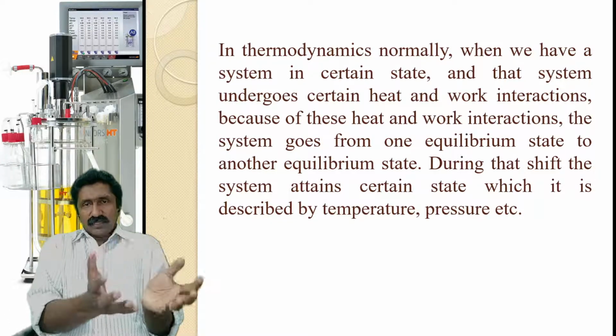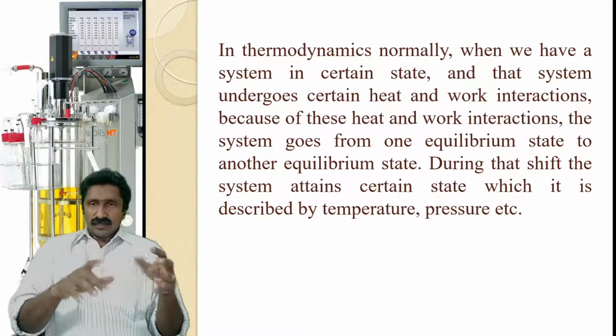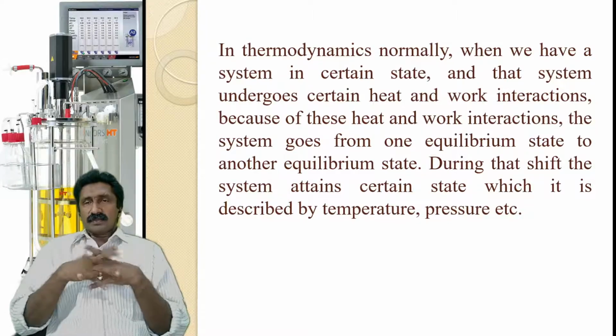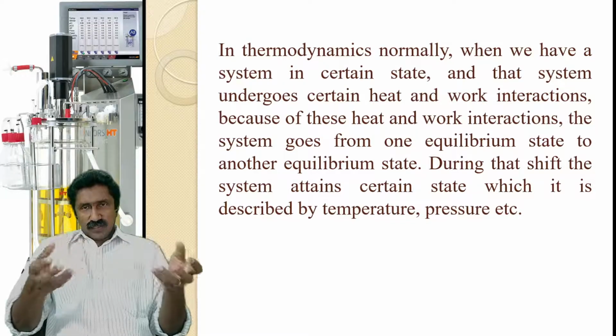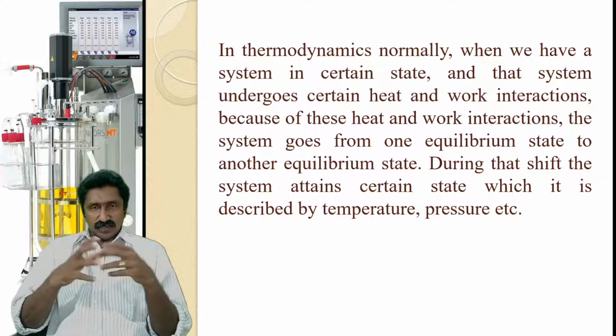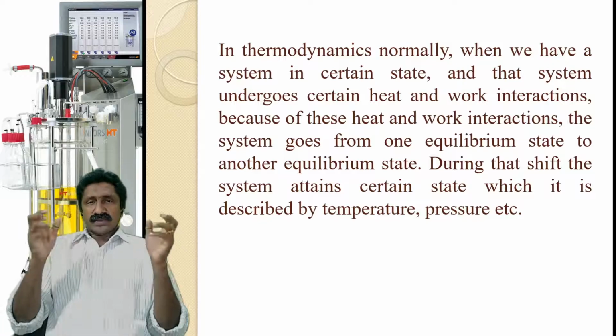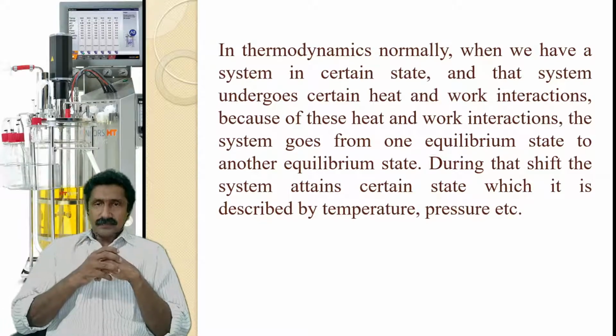That vessel with the water will have its own temperature, pressure, and other parameters. When you pressurize it in a pressure cooker or heat it in a heater, you are applying heat and work interactions to such a system.